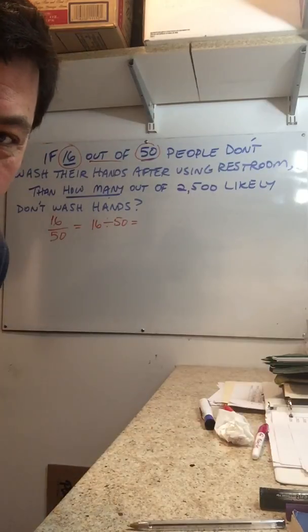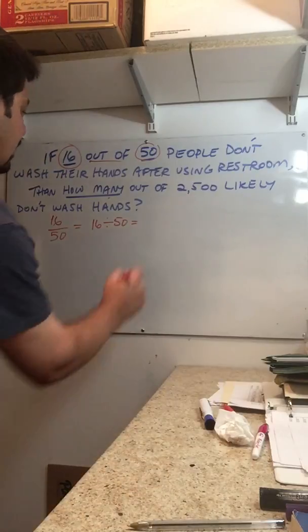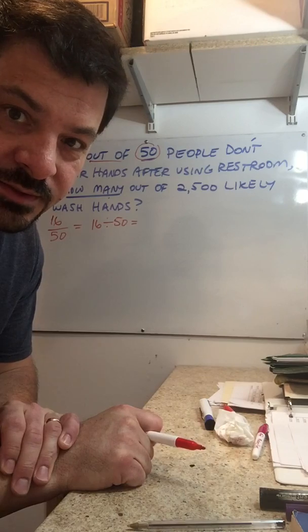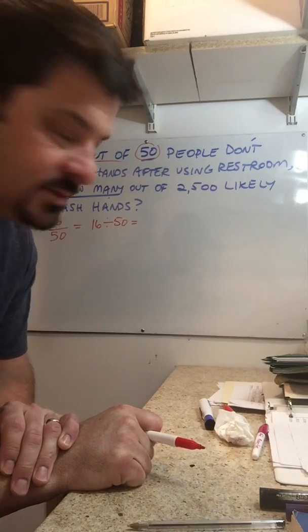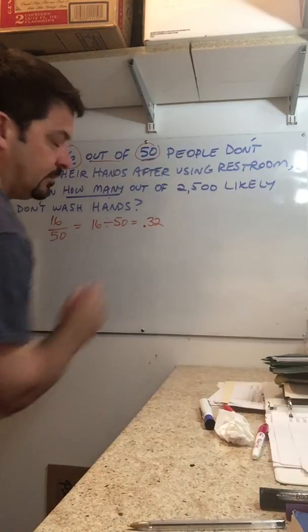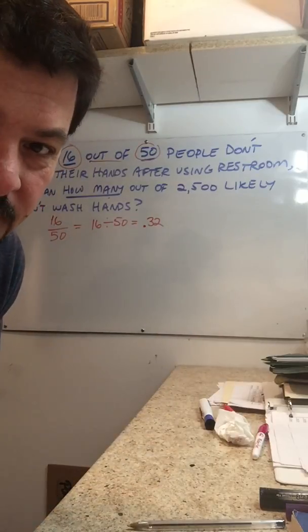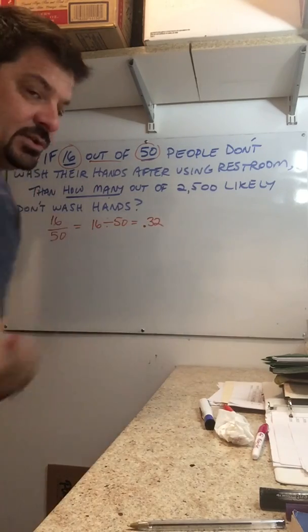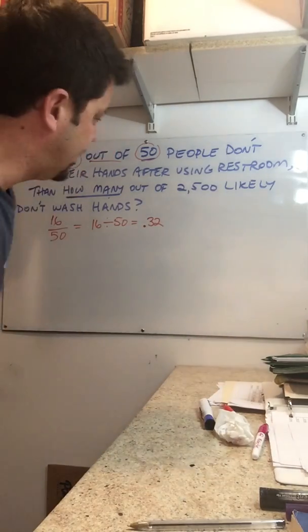When we do that in our calculators, 16 divided by 50, get your calculator out and do this. It's important to practice. We're going to get 0.32, which basically means 32%. We'll talk about that more.